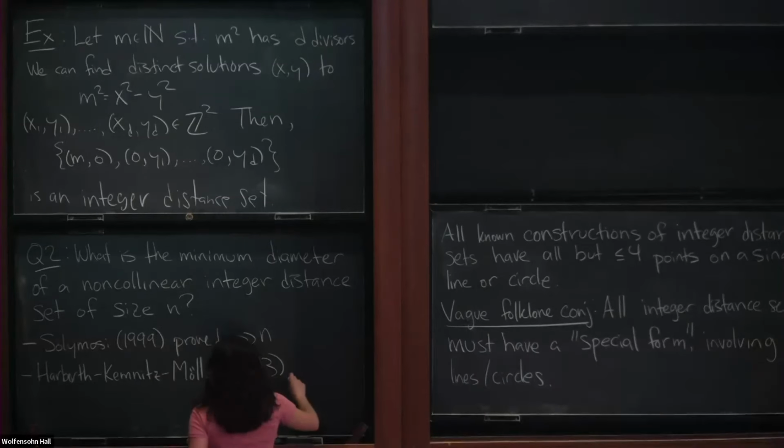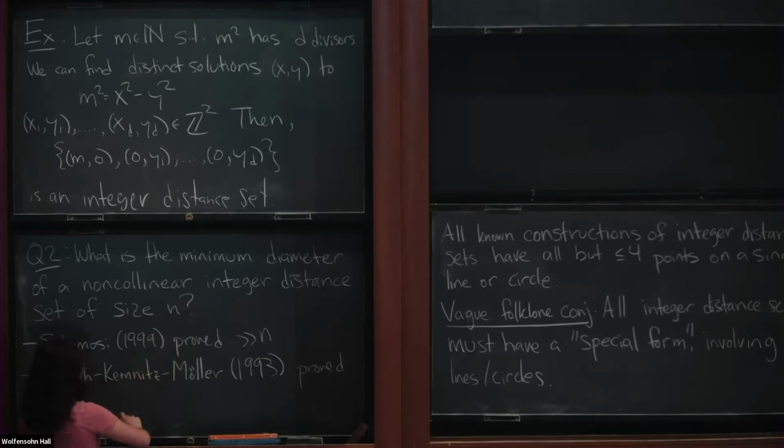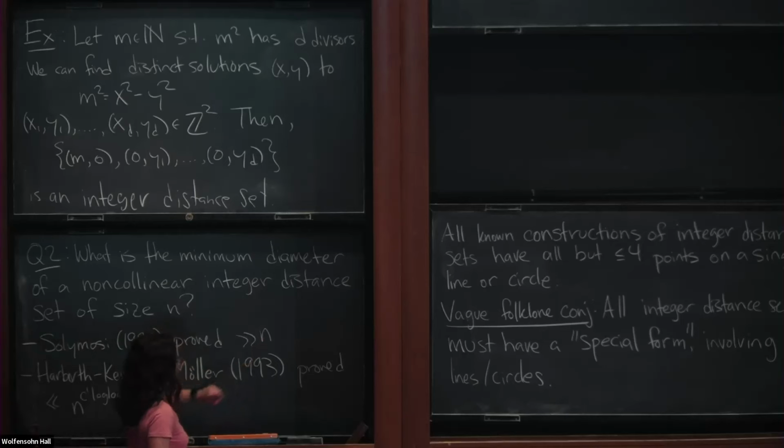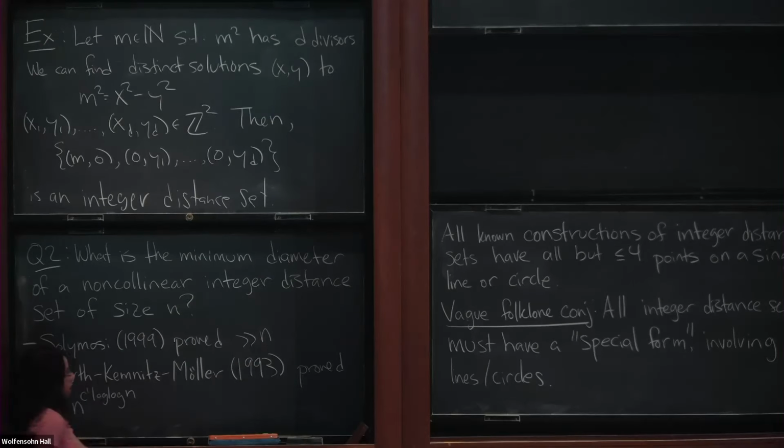By constructing a certain integer distance set, they proved an upper bound on this minimum diameter of the form n to some constant times log n. So there's a large gap between the lower bound and the upper bound. Using our structure theorem, we're able to almost completely close this gap.